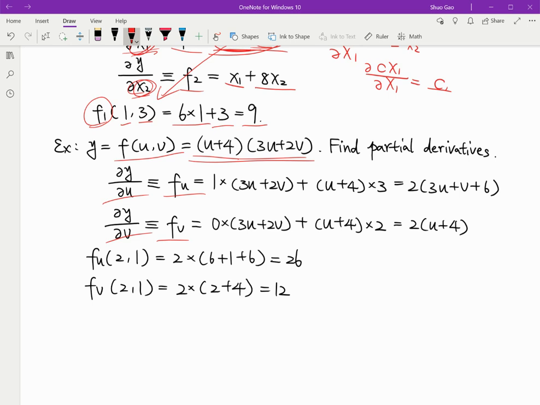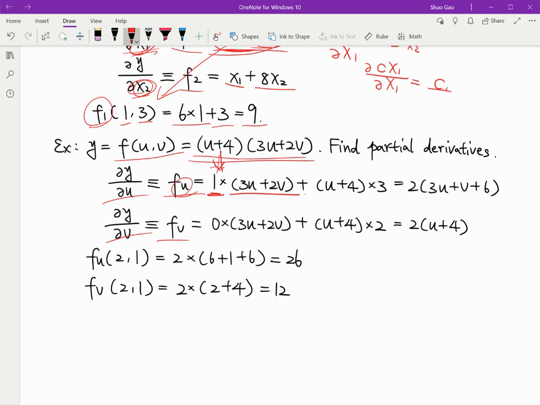So at first, for u, we first take the derivative of the first function. So this is 1. And then we don't change, we just multiply by the original second function.